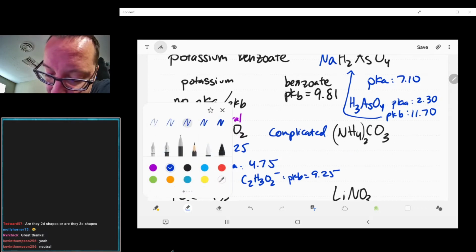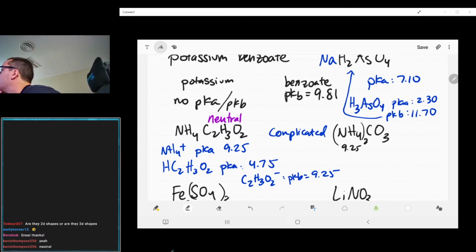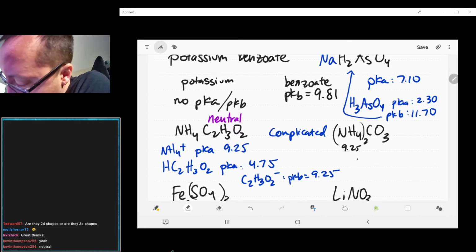For this next one, we're going to have, again, ammonium. So we're going to have that pKa of 9.25. For carbonate, let's have a look here. It looks like the hydrogen carbonate has a pKa of 10.32.